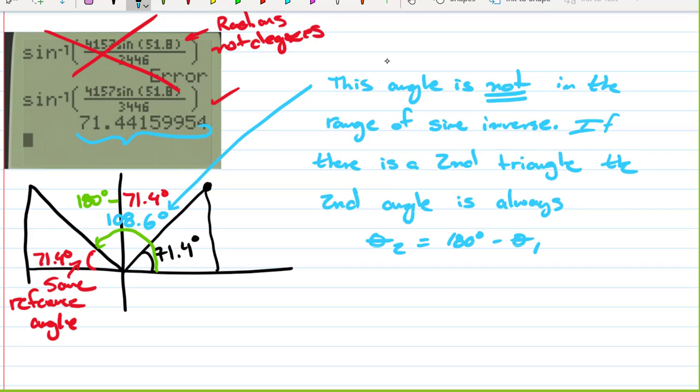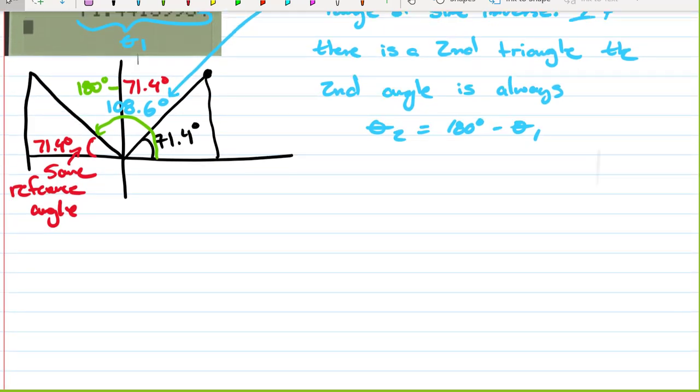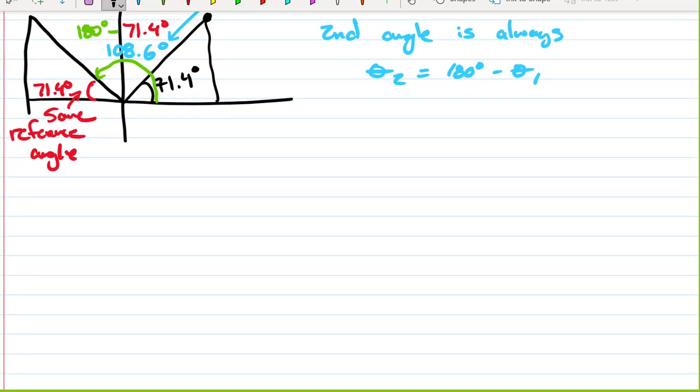So if this is theta 1, then the other angle is its supplement, so 180 minus that angle. And this is the angle that is going to give us the second triangle. So now when we have to resolve this, we are going to have to actually solve two triangles.